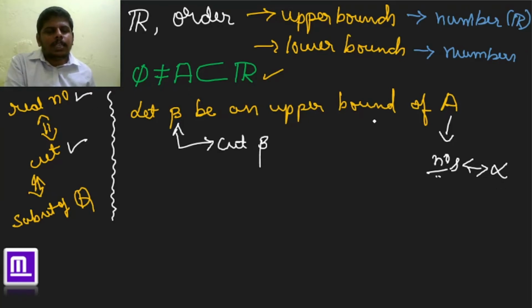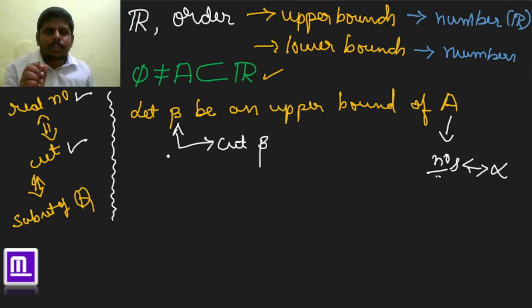If beta is the upper bound, beta should be greater than all these numbers of A. So all the cuts of A should be proper subsets of beta, isn't it? Because when we say a number is less than the other number, the cut corresponding to the lesser number should be a proper subset of the cut corresponding to the greater number.